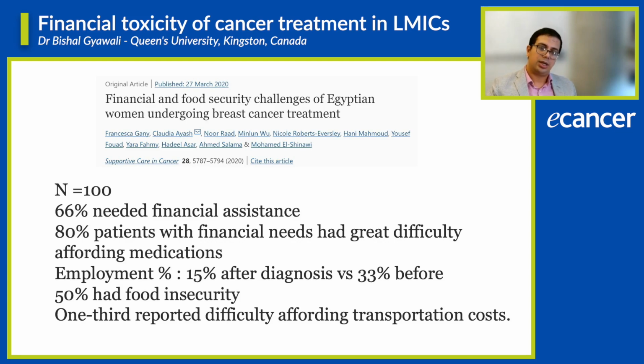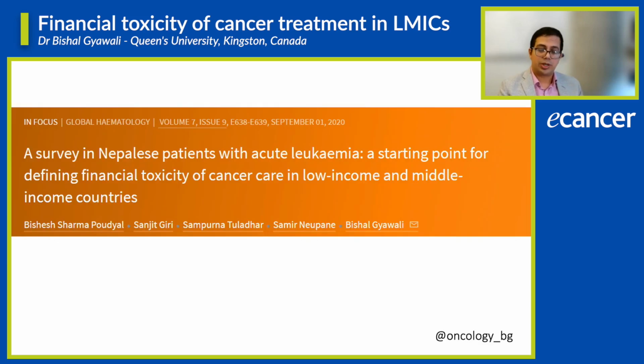And half of them had food insecurity, and a third reported difficulty affording transportation cost. So there are unique challenges in LMICs, and there are unique causes of financial toxicity in LMICs that need to be addressed. So we actually tried to do that in Nepal.